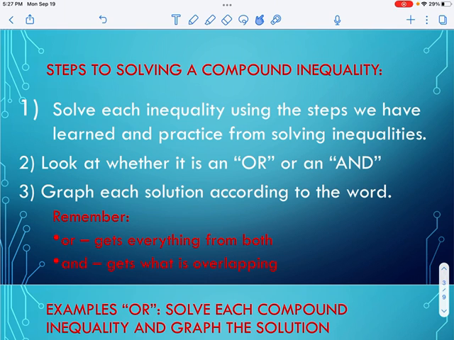Is it an "or" statement or an "and" statement? When we go to graph, that's the big difference, so we start looking at that word closely. If it's an "or" statement, you get everything on the graph from both of those inequalities. If it's an "and" statement, you get the part that is overlapping.